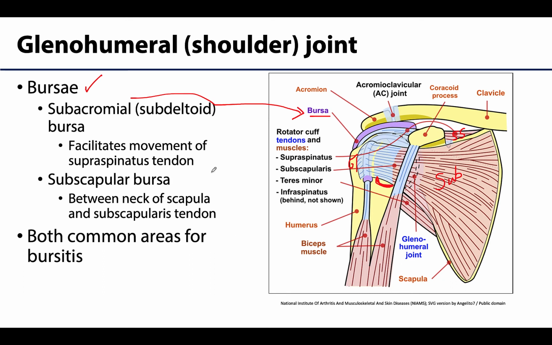Now, these are playing a role in terms of reducing friction in these areas, but as there is a lot of movement, and a lot of times with people that have repetitive movements, particularly abduction, flexion, can have inflammation of these bursae, and these are common areas for bursitis. So that's why we're talking about these two, because they come up a little bit more often clinically.